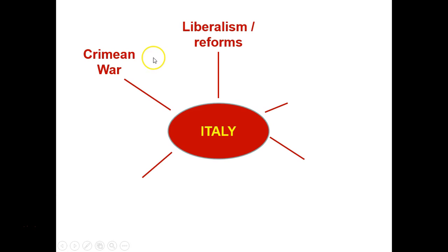All right. The other thing to gain support, you should have this in your notes. One of the things I asked you in your notes was what were his goals for Piedmont-Sardinia? We know the goal is to unify Italy, but how about that goal for just his kingdom? He knows if he is going to go on this political journey to unify Italy, he's going to need the support of his home kingdom.